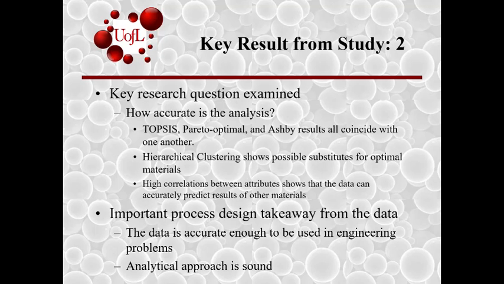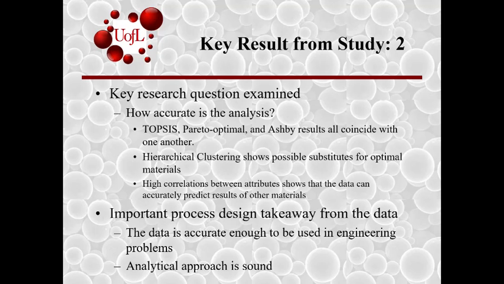Key result number 2 was how accurate is the analysis. The fact that the Topsis, Pareto optimal, and Ashby results all coincide with one another shows that the analysis was fairly accurate.